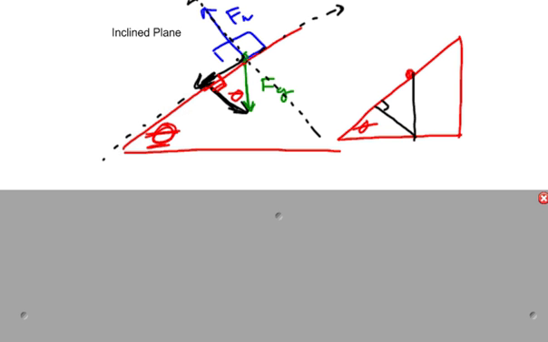So that's a right angle, that's a right angle. So therefore this angle here must be 90 minus theta. And if that angle is 90 minus theta right here, and if we have a right angle, then this angle in here must be theta.